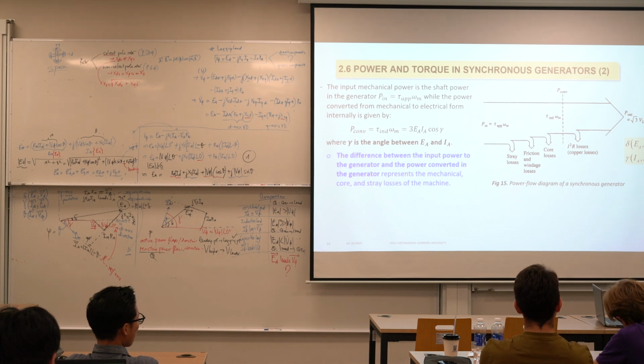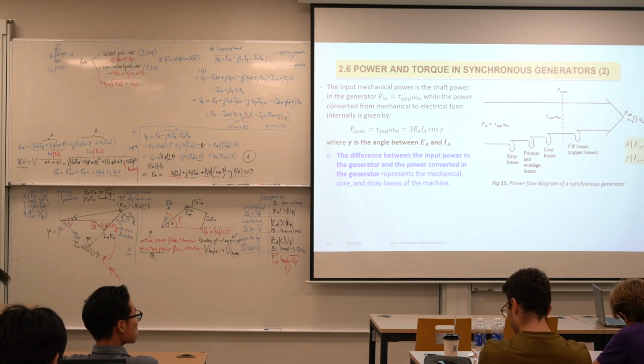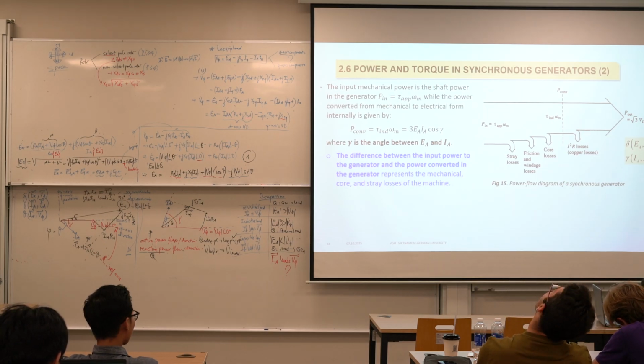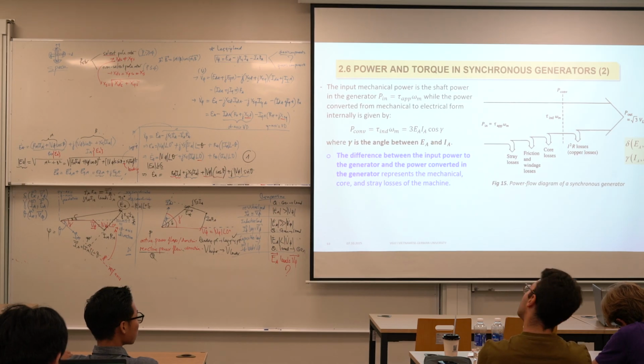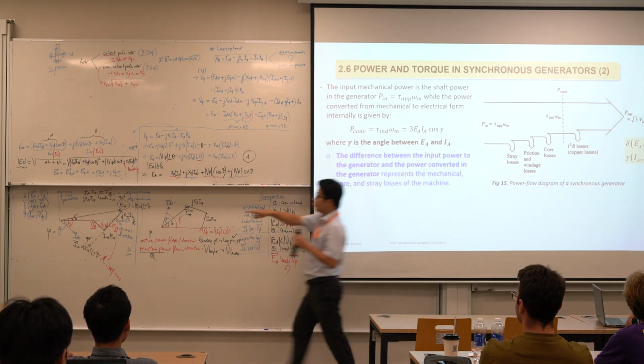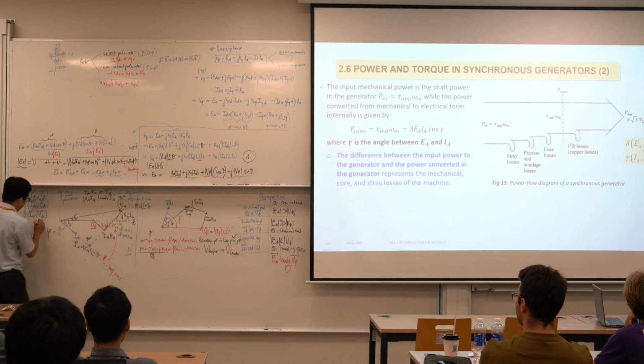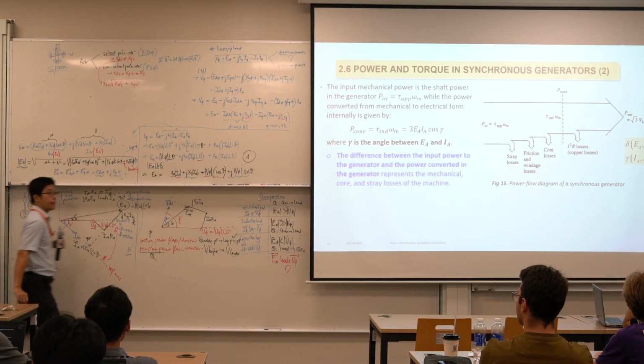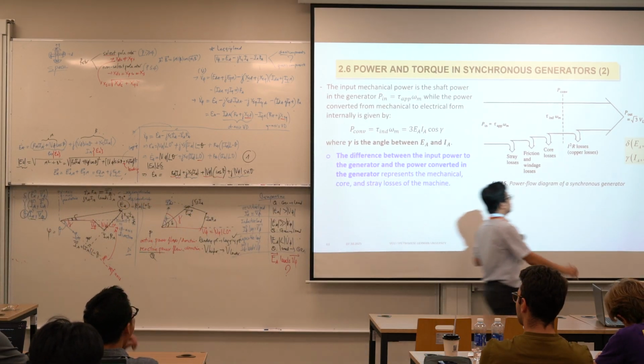The output of the generator is electrical power, so we have the formula. Assume I use line parameters. Now we have three phase, A, B, C. Each one has V phase and I phase. We have the phase angle, so when we consider voltage and current in a phase, this is theta, so this is cosine theta.